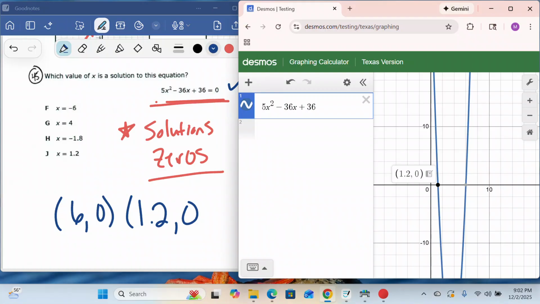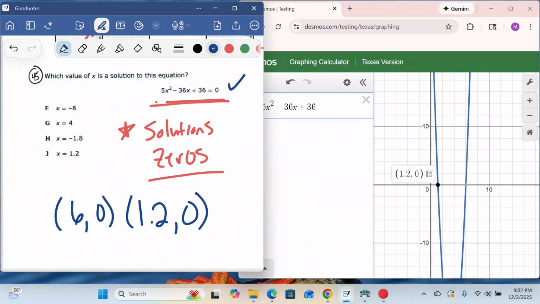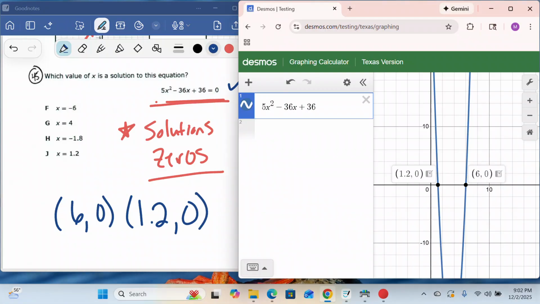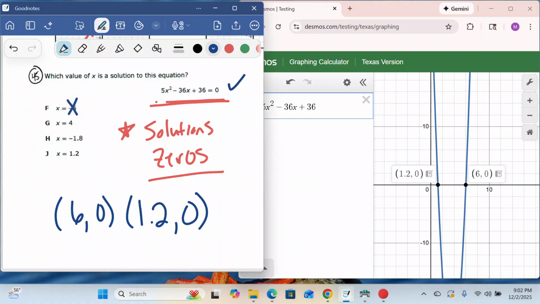I look at my decimals, 1.2 comma 0 and 6 comma 0. Automatically this one's wrong. It's not a negative 6. There's no 4. That one's wrong. Negative 1.8, it's not a correct one. The only correct one is letter J. Remember that we're just solving for it, and this is a good, easy way to solve it.